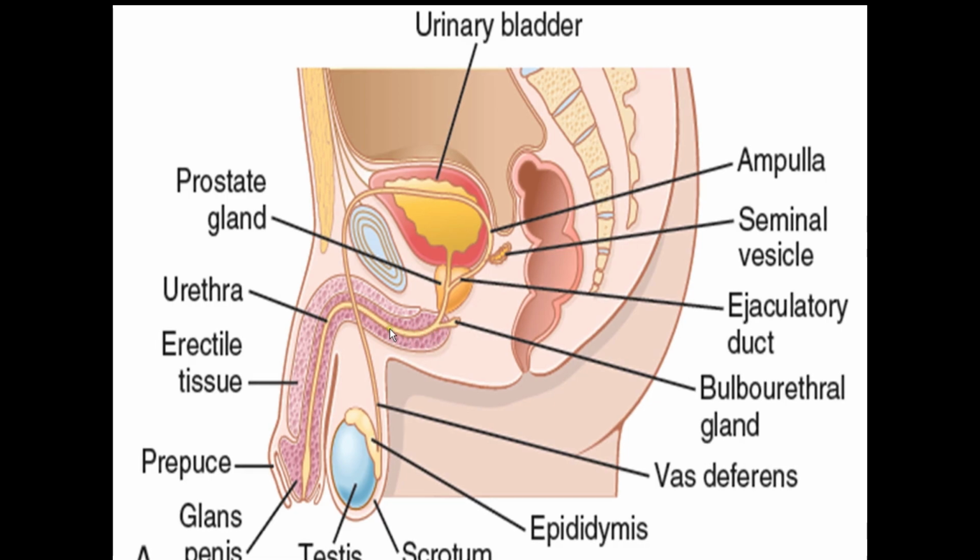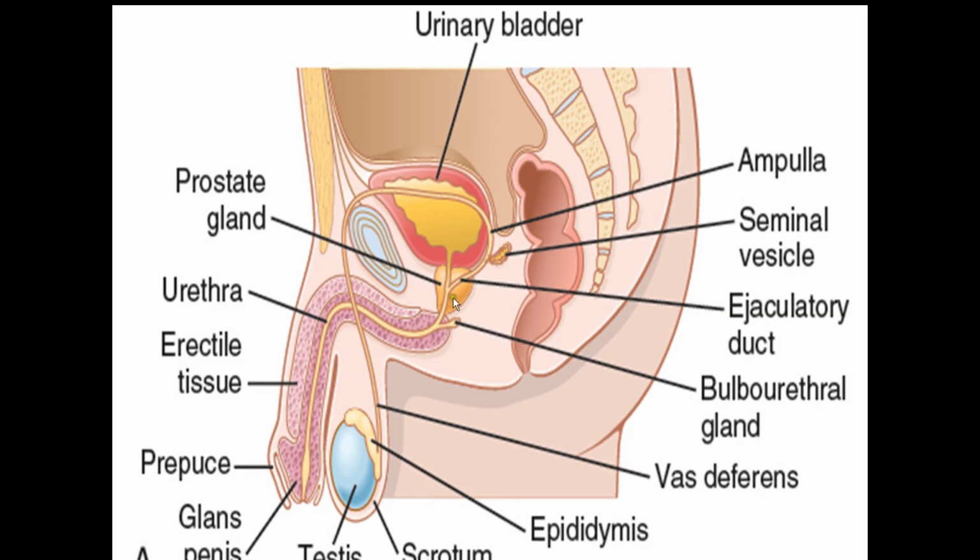Both the mucus from the bulbourethral gland and the epithelium of the external urethra lubricate and facilitate the passage of the sperms through the urethra.